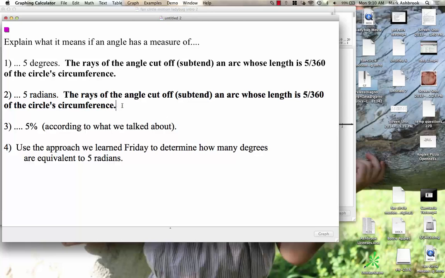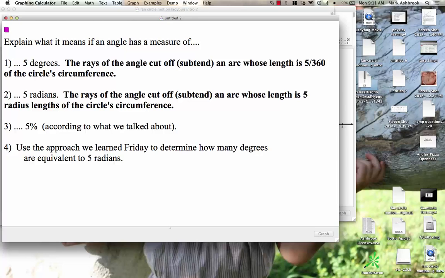Okay? Same thing. But the only difference is, instead of 5 360ths, it is, what is it, 5 what? Radius lengths. This is where openness in radians comes from.